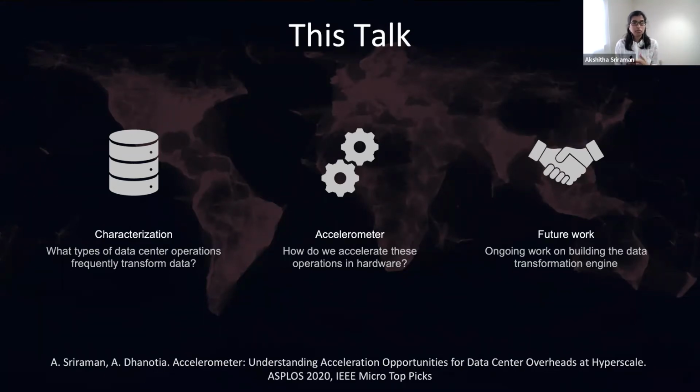Next, I will talk about this analytical model that we built to identify what is even the right way to accelerate these operations in the hardware. And finally, I will tell you about some of the ongoing research in our group, and some of these are pretty broad, open-ended questions that we're asking towards building this data-centric hardware architecture. So I will move on, starting with the characterization.